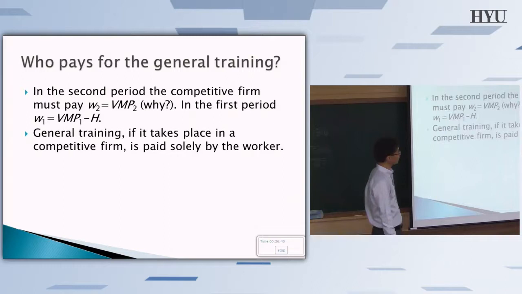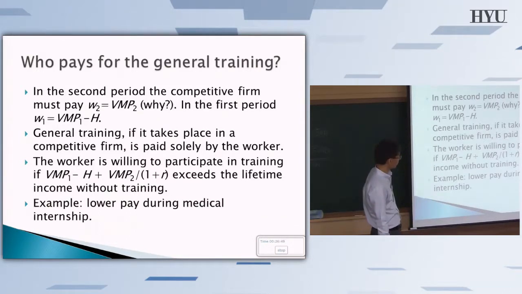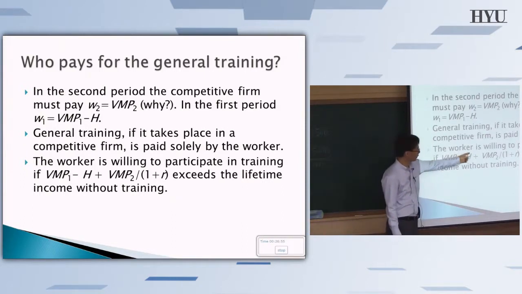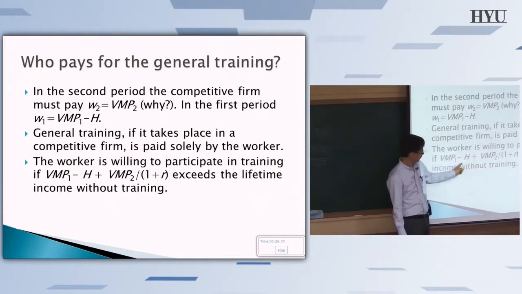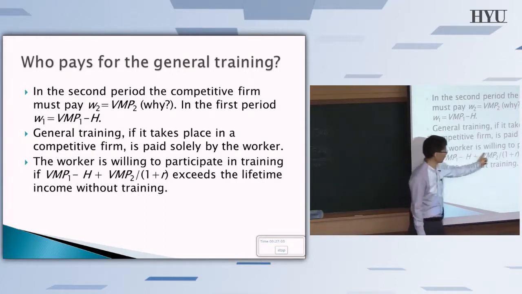So, everything else equal, general training is okay. Then what is the incentive for the worker? The incentive must be that even paying the training costs out of their own pocket, the lifetime income is higher.